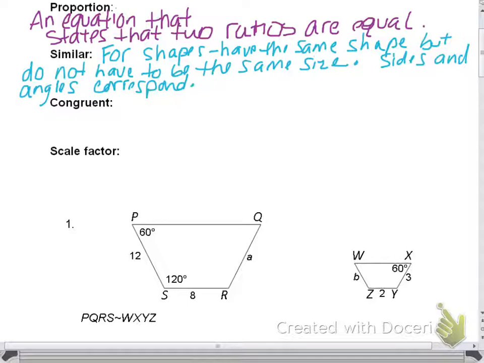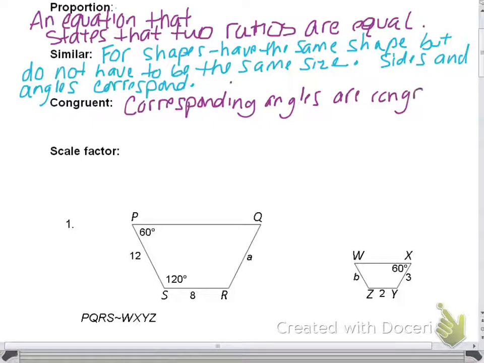Okay, the next word that we're going to look at is congruent. Congruent means that corresponding angles in similar shapes are congruent, which is where we use this word. And the word congruent itself means that they have the same measurement.